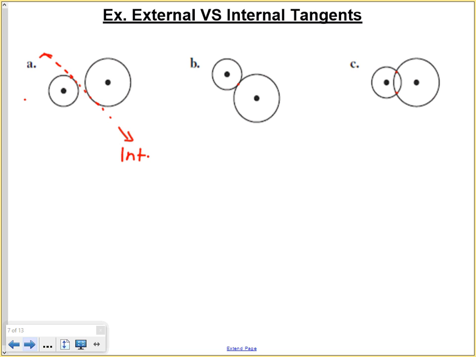That would be an example of a common internal tangent. One line touches 2 different circles and it goes through the middle of them. A common external tangent would be one line that touches both circles but is on the outside of the 2 circles. So something like the blue one.